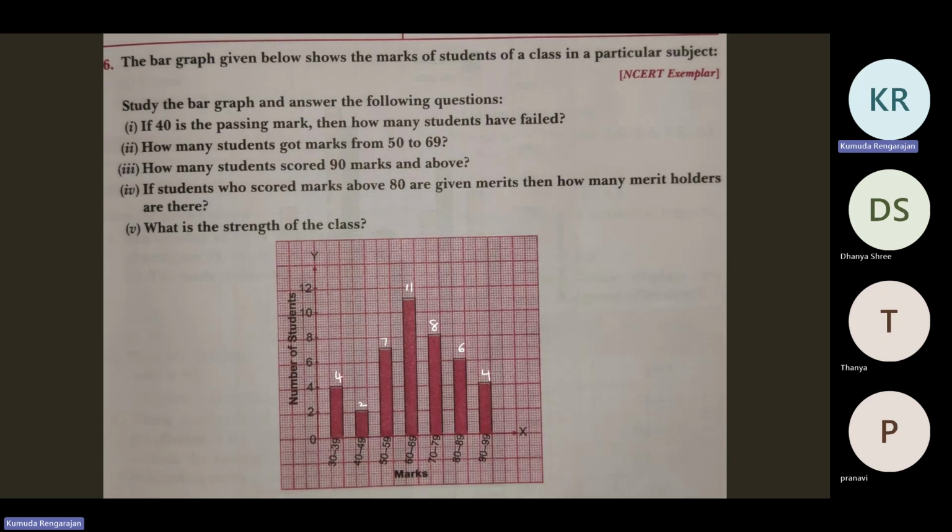Okay, agree. Fine. So how many students have got below 40? 4, ma'am.